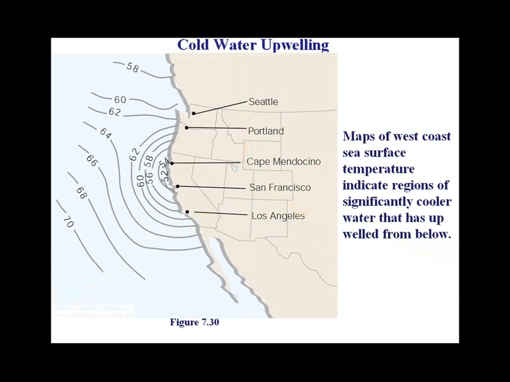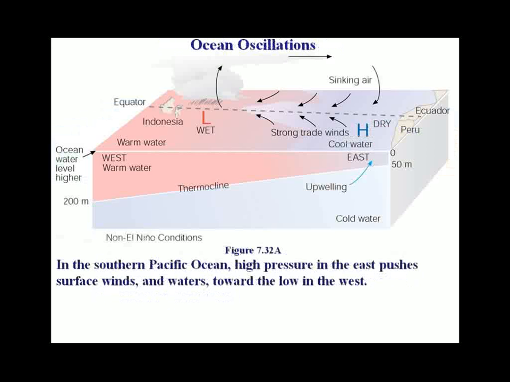Okay, let's learn a little bit about water and sea surface temperatures and pressure patterns during a normal situation. Now keep in mind, here's Peru, Ecuador, here is the equator. So again, we're very familiar where we're at here.